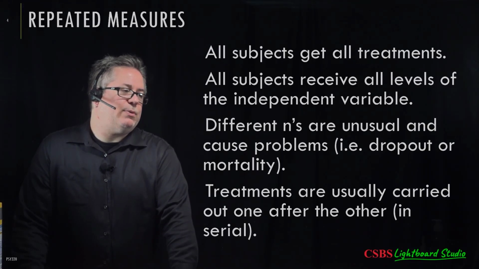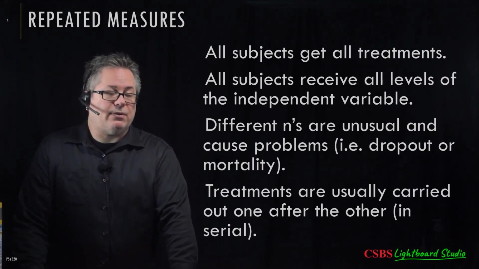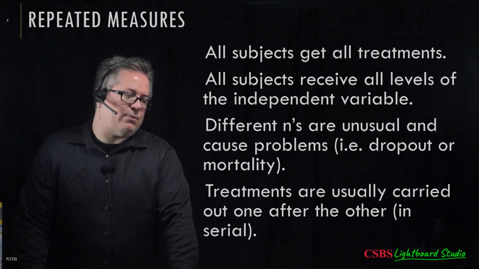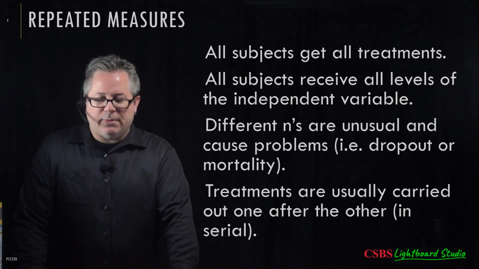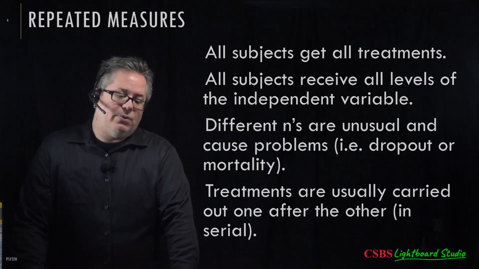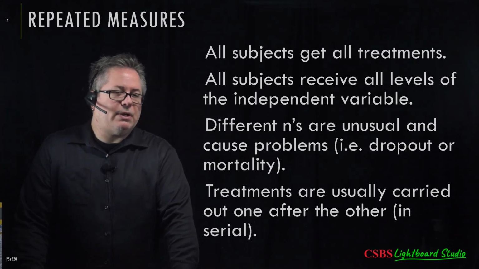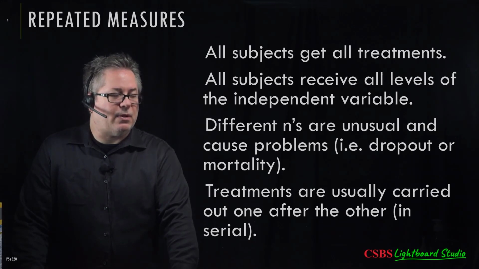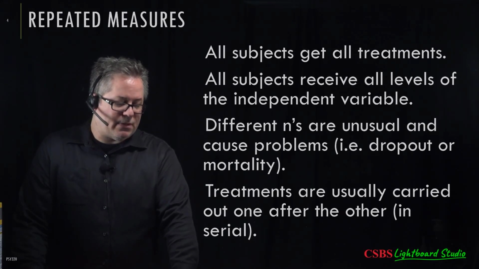And treatments are usually carried out serially, like they're in a series, one after another. So it's usually done so you've got time 1 versus time 2 versus time 3. There are repeated measures designs where you're looking at measures at the same time but on the same subject, which is another form of repeated measures.